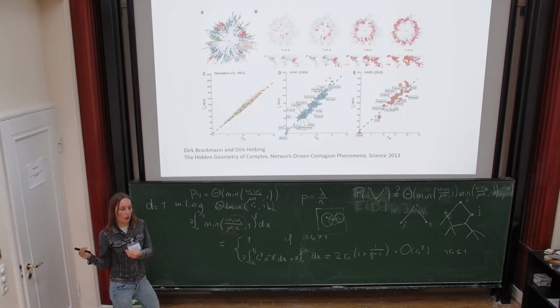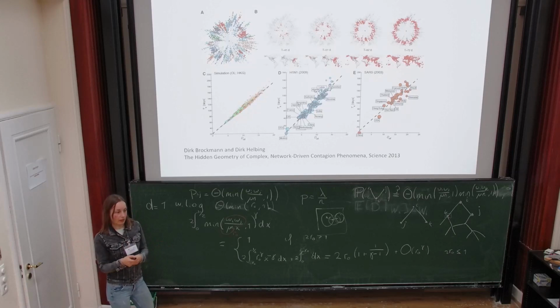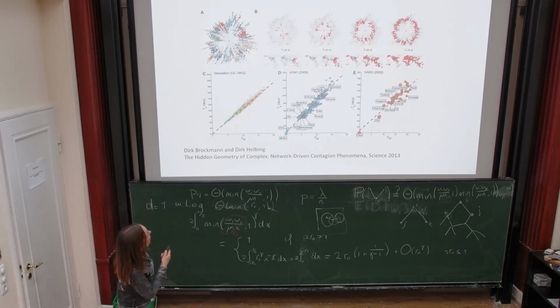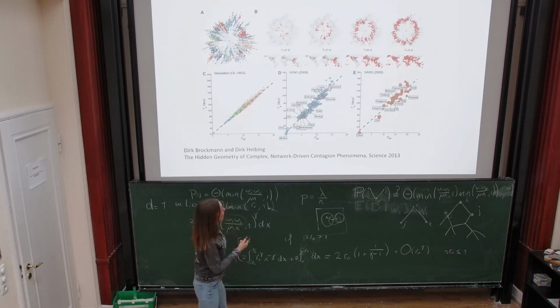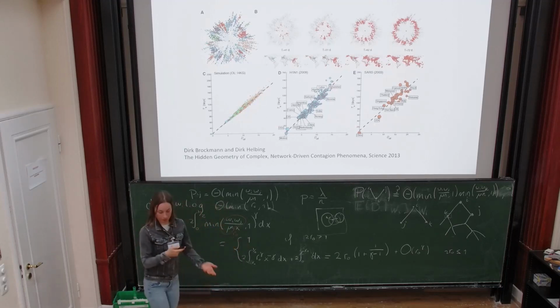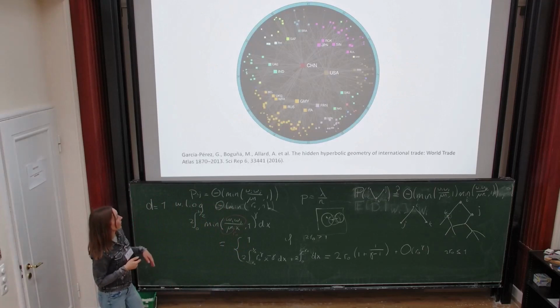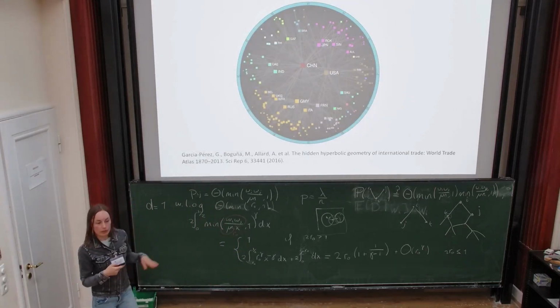If you can reach a city only within 20 days, you cannot infect that person within so much time. Maybe this is the seed node where the epidemic starts. They show that for real epidemics, if you map the distance in the hyperbolic space to the time at which a city would be infected, it seems to work out quite well. That is just one example, but there are many examples where people use this hyperbolic random graph.